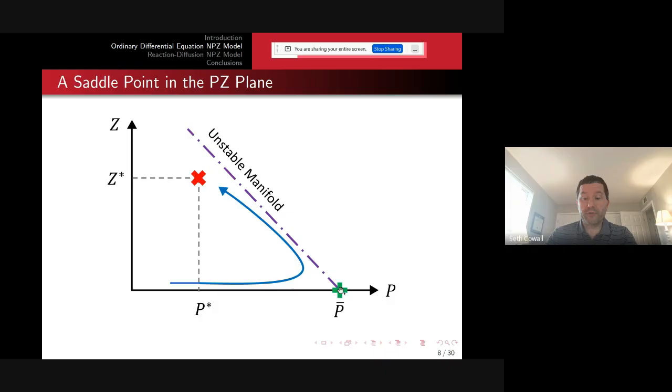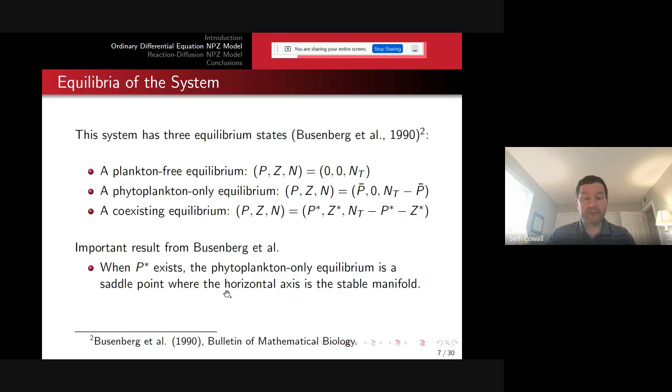We have the P bar, which is the equilibrium with no zooplankton but positive phytoplankton. This happens to be the saddle point, and as said before, the stable manifold is the horizontal axis. The unstable manifold is going to look like a diagonal line, just like that. This happens to be an illustration, but you'll see examples later on where the unstable manifold will be a diagonal line. So that's a little visual of what that result means.